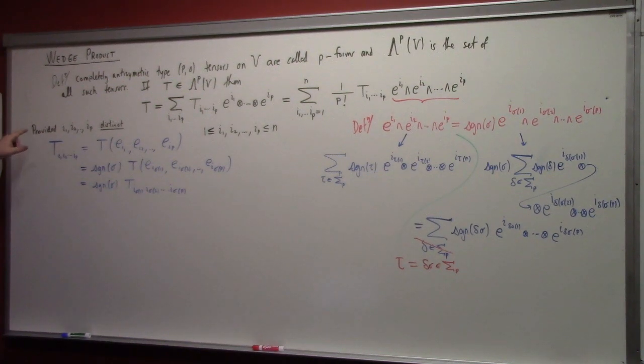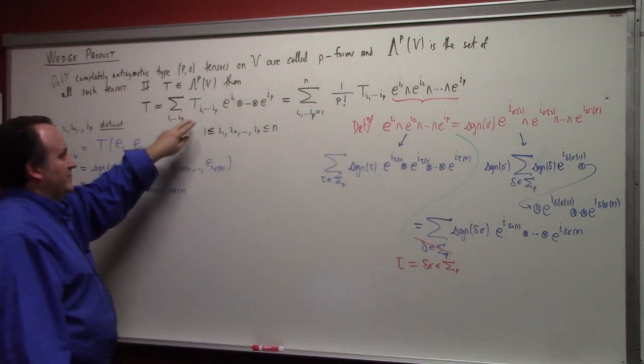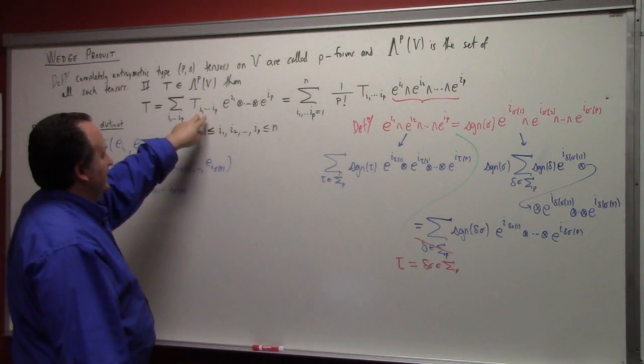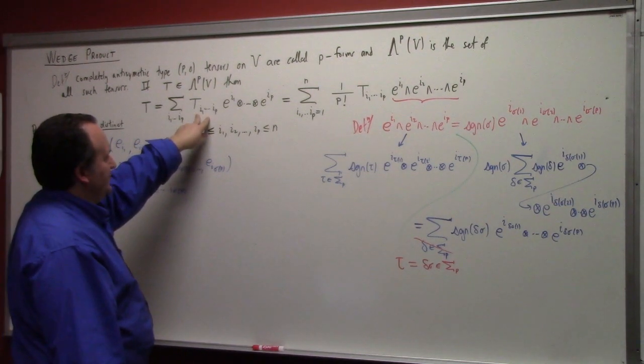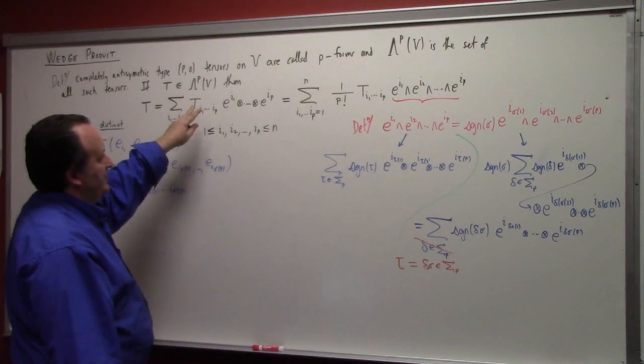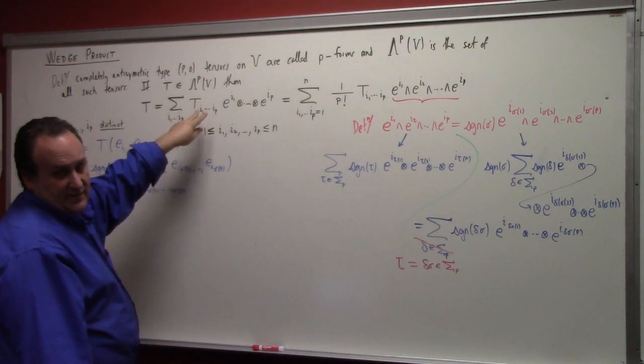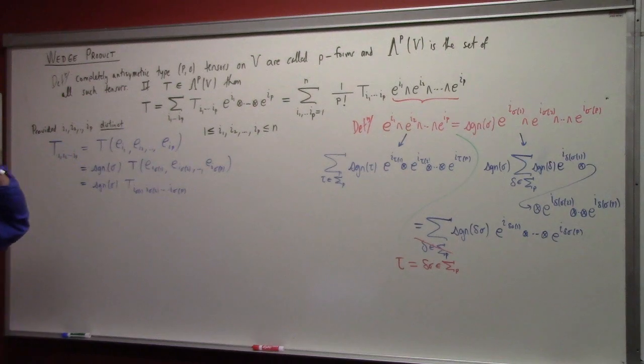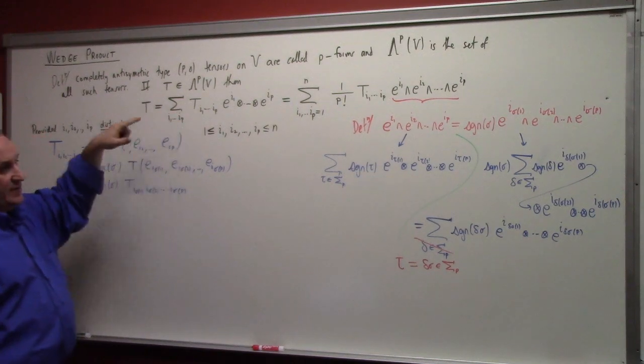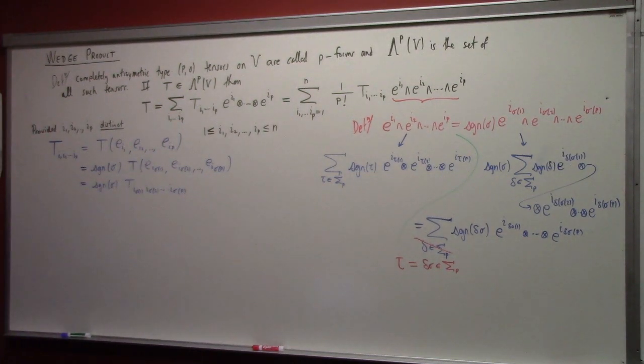You understand why, if there's a repeat, it has to be 0: if it's antisymmetric, that means we can interchange the inputs, and that would mean it's antisymmetric with respect to that change of indices. So the non-zero components of T have to be those with distinct indices.